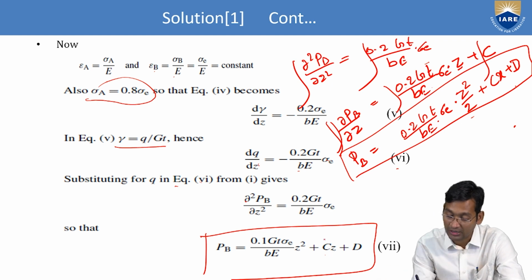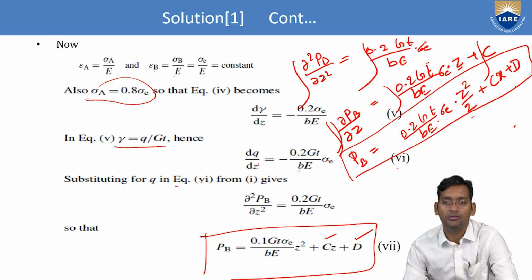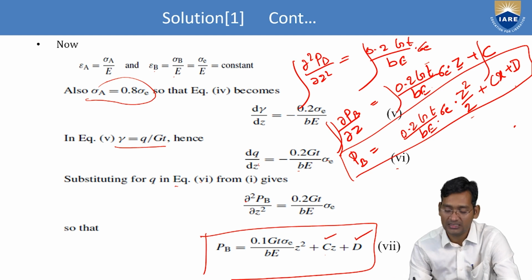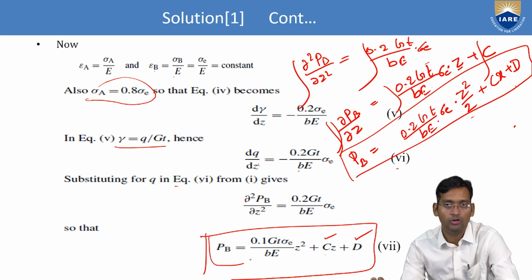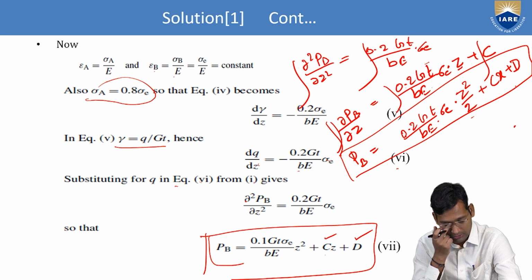Now here we have to find C and D. After finding C and D, substitute here, then we will get the value of PB. So how will we find C and D? Again the same boundary condition.